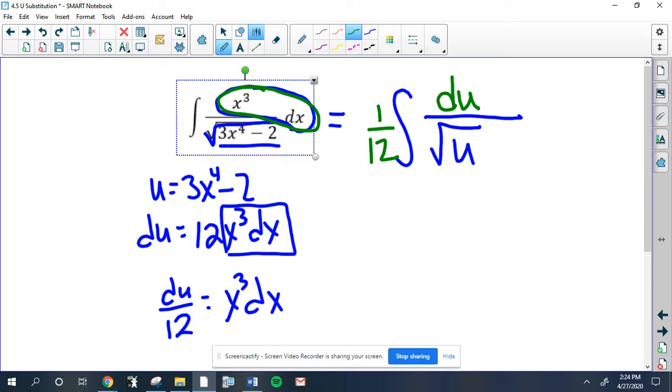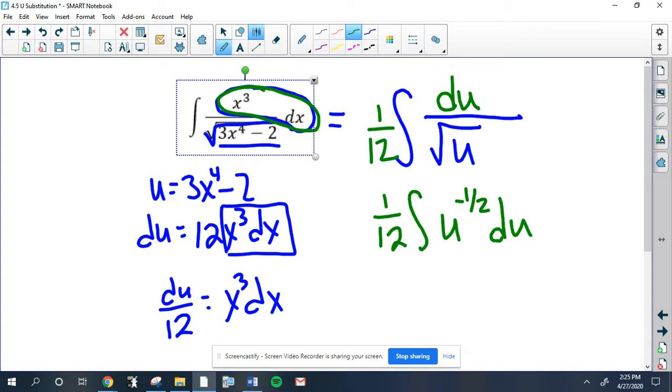So now we're going to integrate. But remember, we can't integrate yet because you can't integrate 1 over u to the 1/2. We can only integrate u to the n. So we have to bring this u to the 1/2 up. This is just like your normal simple integration. You always have to do that.